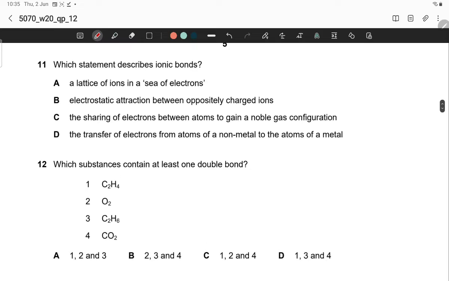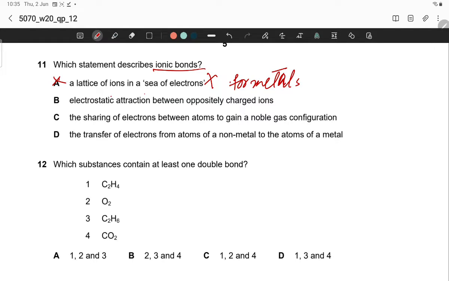Question number 11. Which statement describes ionic bond? A lattice of ions in a sea of electrons. This is for metals, the description for metals.